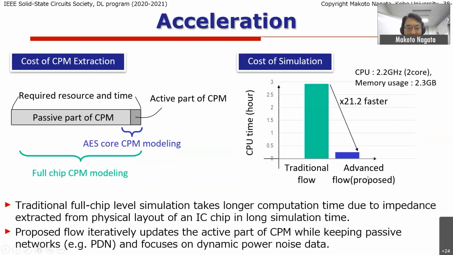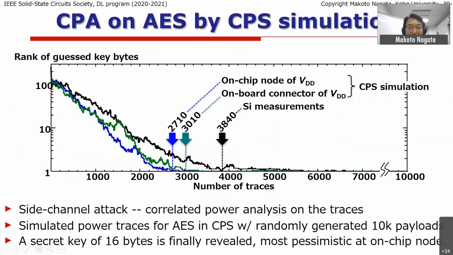And this proposed flow can accelerate the design of the chip having the cryptographic engines. And many different types of techniques can be applied on the design to increase the number of traces needed by the attacker to extract some important information. So here is the example.